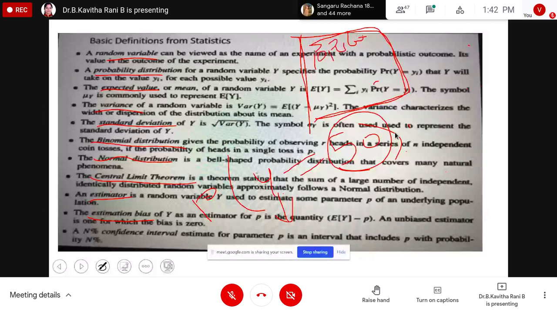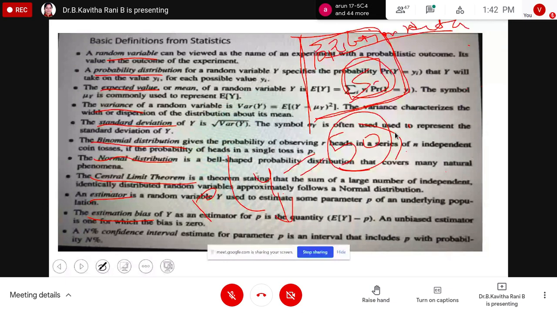From this, I am taking only sample data, the sample mean. The difference between the population data and the sample data is called estimation bias.